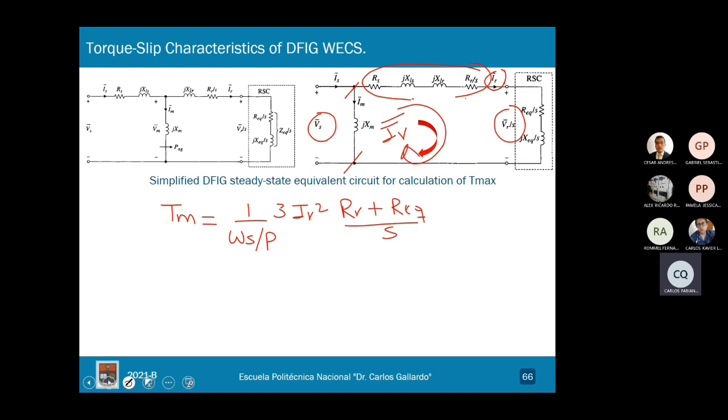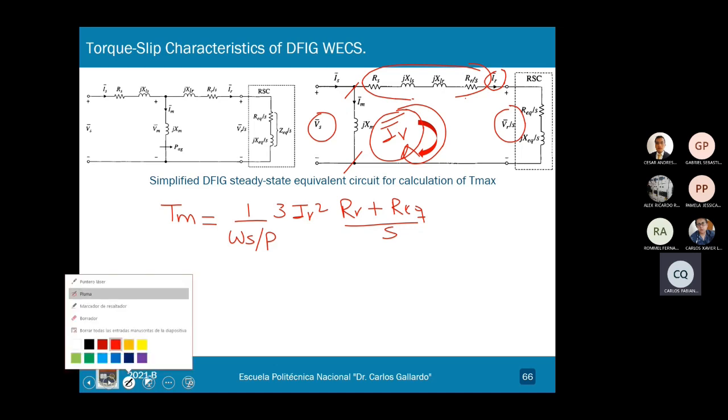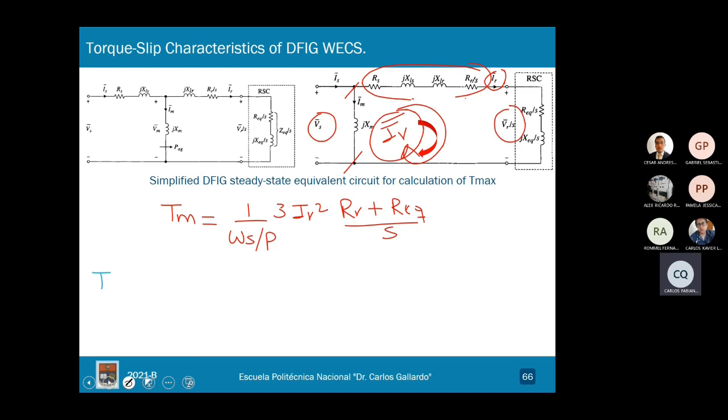So I need to isolate the current from this equivalent circuit. First, applying Kirchhoff voltage law and later isolating the rotor current, substituting in this equation, I will get the electromagnetic torque of the generator expressed as the following equation.